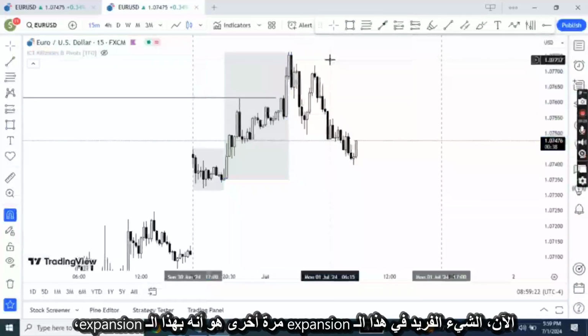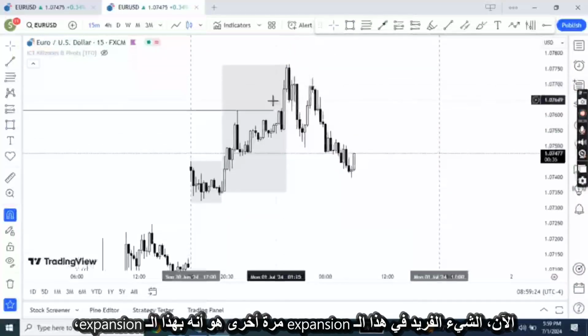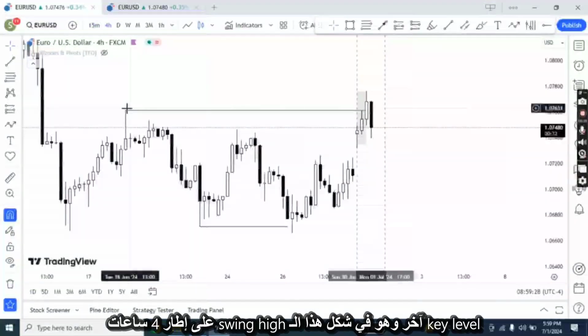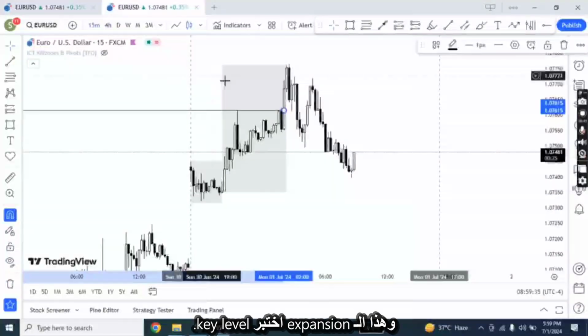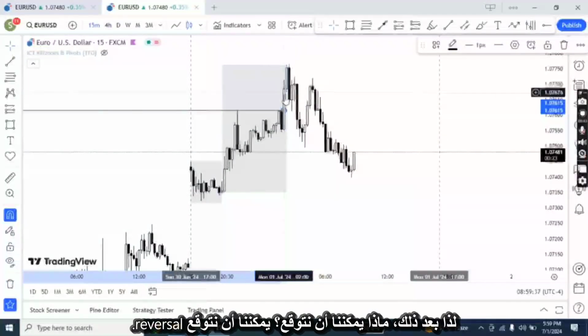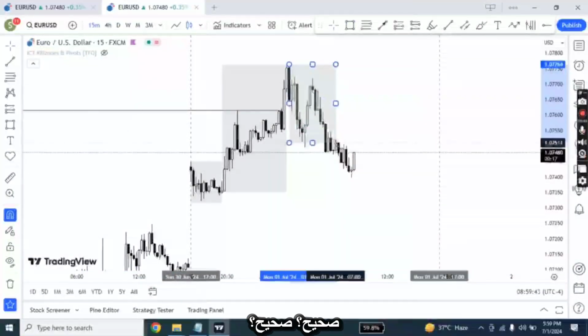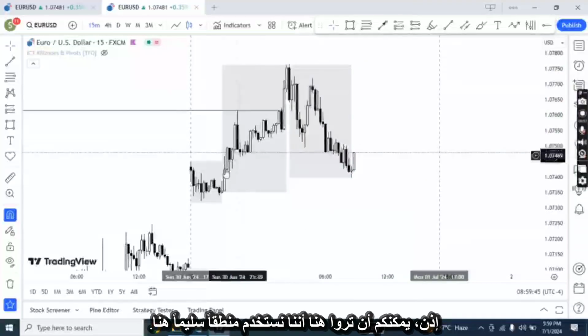The unique thing about this expansion again is that with this expansion, what we did is we took out another key level, which is in the form of this 4-hour swing high or range high, and this expansion tested a key level. So after that, what can we expect? We can expect a reversal, right? So you can see here that we are using proper logic.